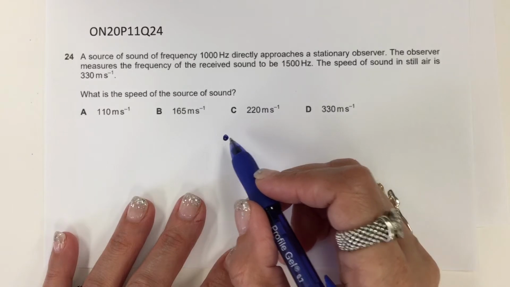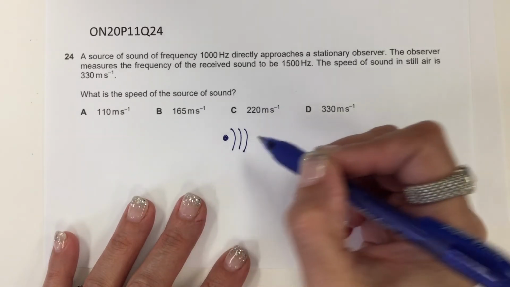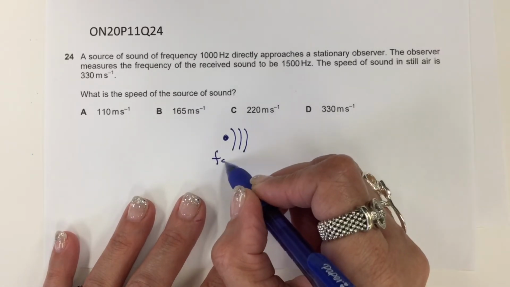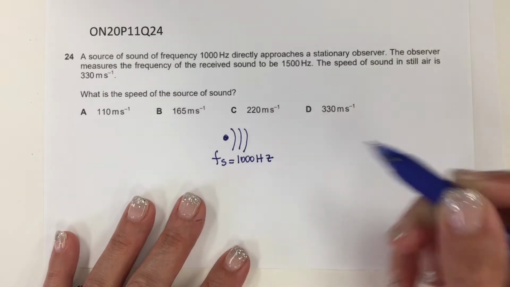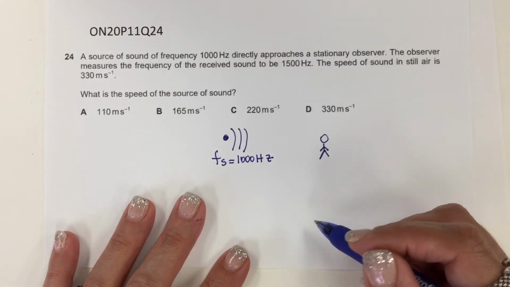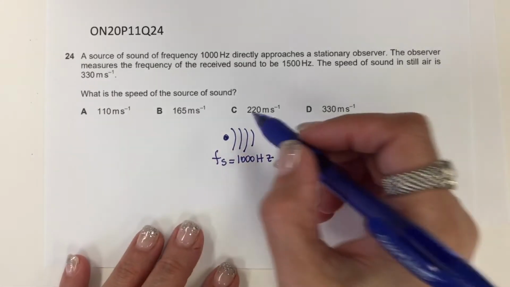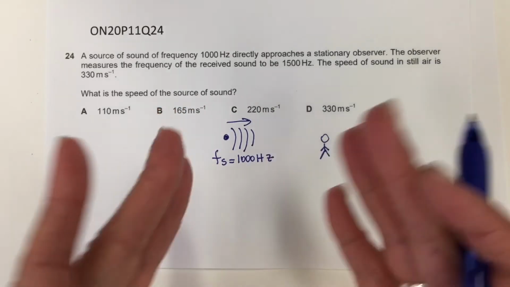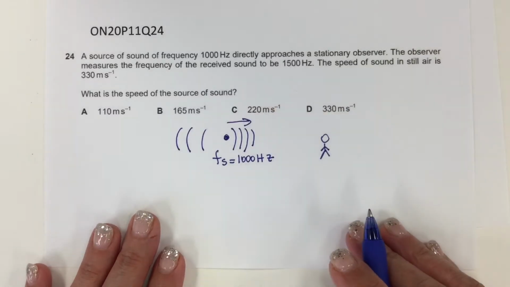So this is the sound source that is emitting a frequency Fs of 1000 hertz. And this is an observer. In front of this sound source the waves are compressed, so the back is spread out.